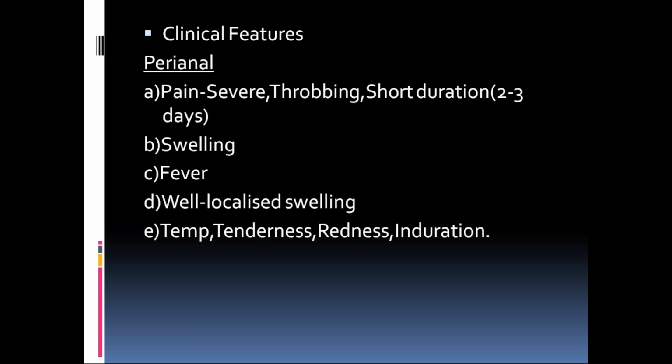If you touch, there will be local warmth, and the swelling will be tender, and there will be redness and induration, and there will be a pus fluctuating point at the top of the abscess. There will be softness in the center of the abscess. That indicates the stretching of the skin and that it is about to burst. That is, fluctuation will be positive. Okay, that is the perianal abscess.